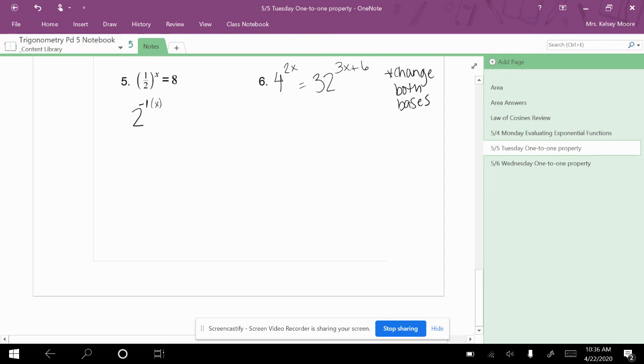Then I need to rewrite the 8 as 2 to the third. Now that I have my bases as being the same, you can set your exponents equal to each other. But what I have here is -1 times x, so that's just going to be -1x equals 3, and then I can solve.